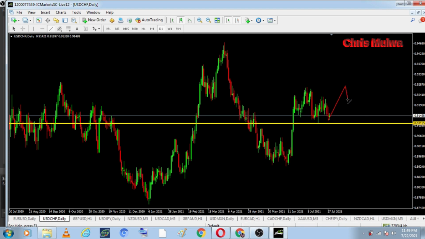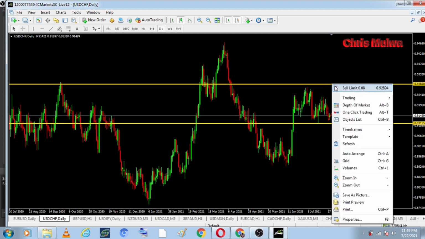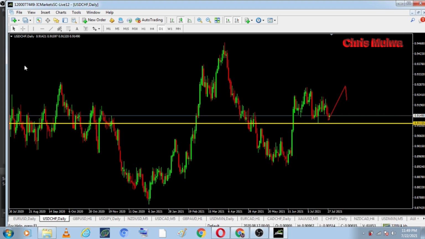But for today, for scalping, according to me, this is USD and CHF, which is the Swiss franc. Now I'm expecting this currency to go up, and if I scalp this market, I will be targeting an up trade, that is a buy trade.